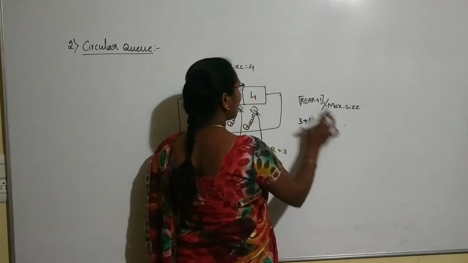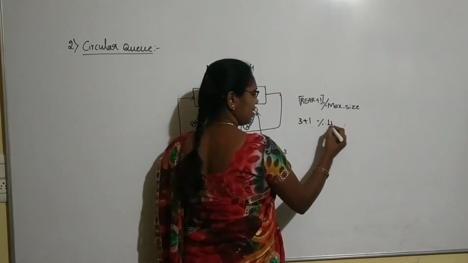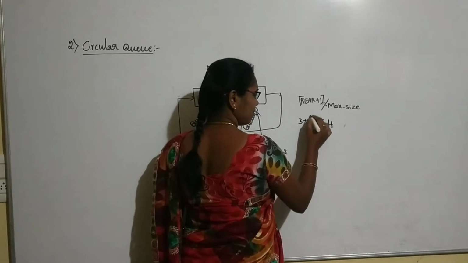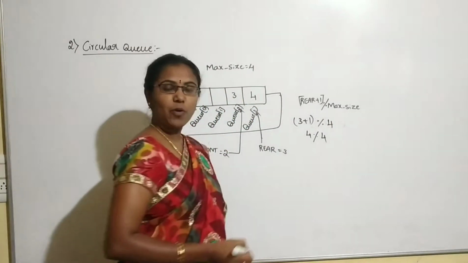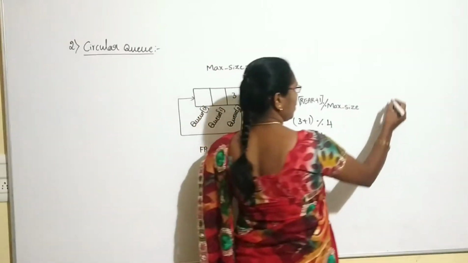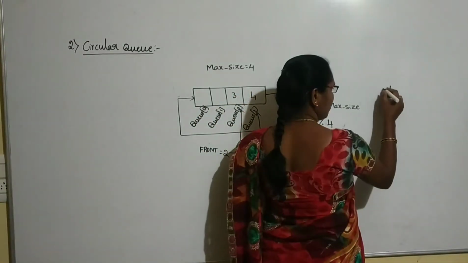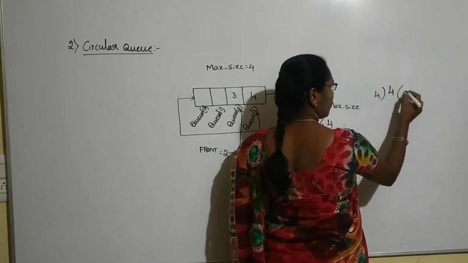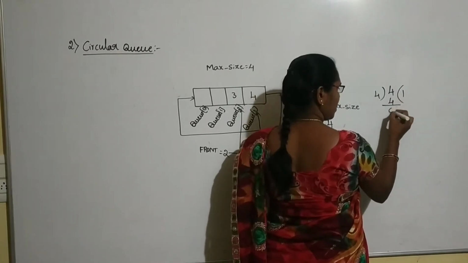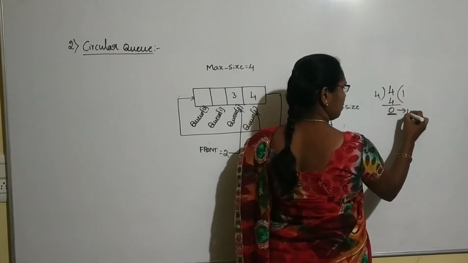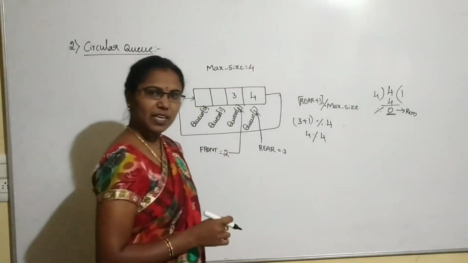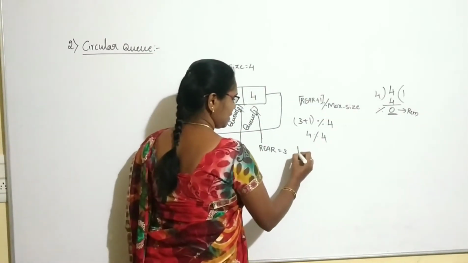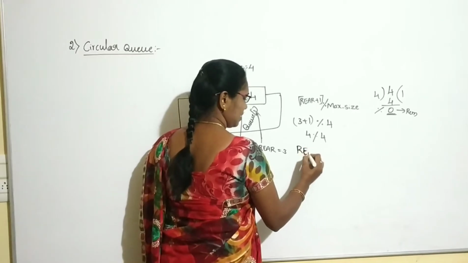The max size value is 4. Now 3 plus 1 is 4. What is 4 modulus 4? 4 ones are 4. What is the remainder value? 0. So this remainder value the modulus operator will give. We get the rear value as 0.